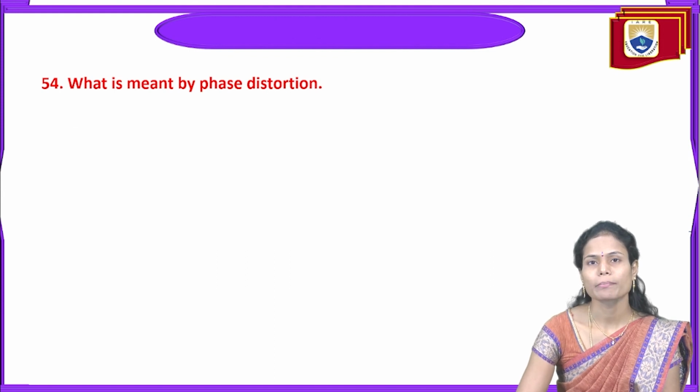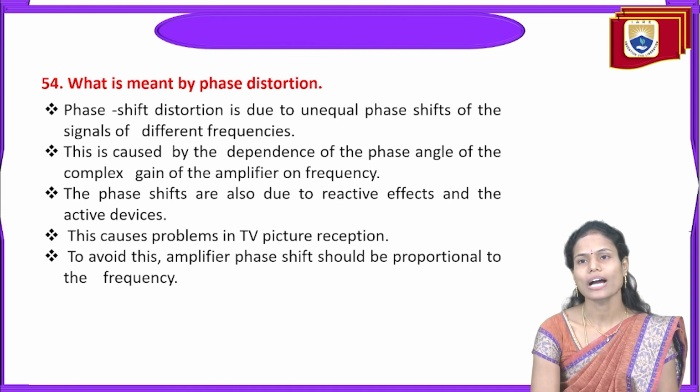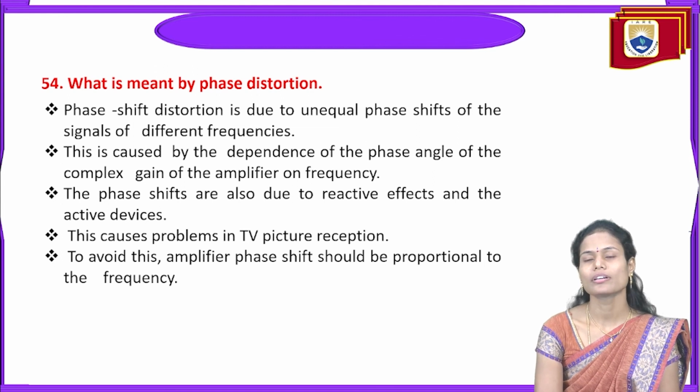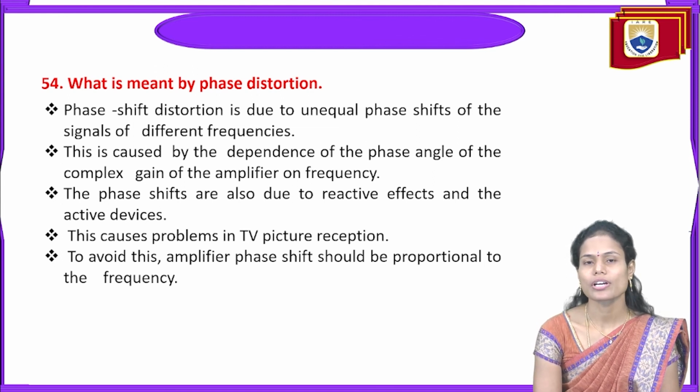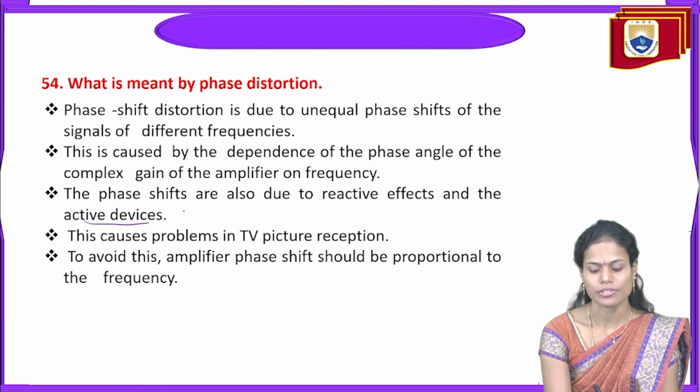And next, what is meant by phase distortion? So the phase distortion is due to the unequal phase shifts of the signal of different frequencies. This particular distortion depends upon the phase angles of the complex gain of the amplifier on frequency. These phase shifts are also due to reactive effects and the active devices.